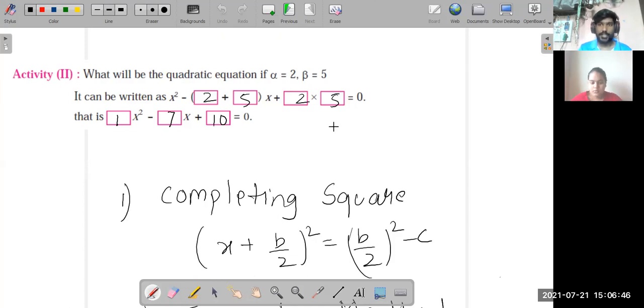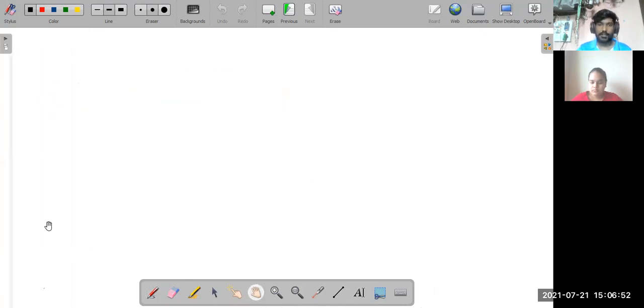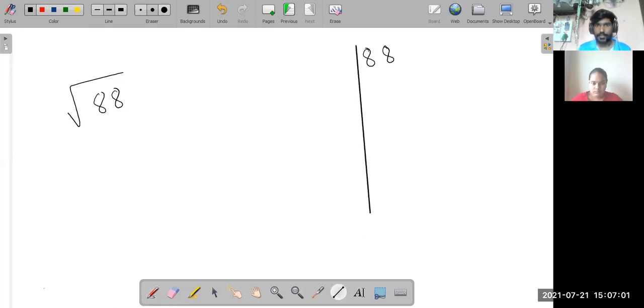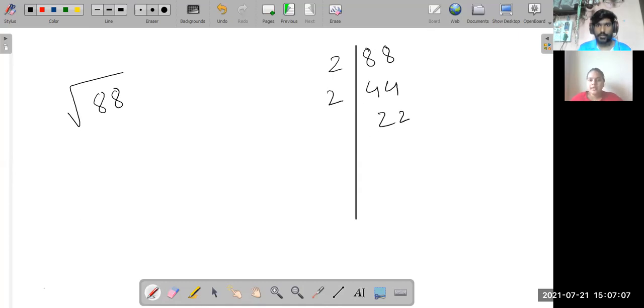So try reducing that. How will you reduce it? Under root 88 it is, right? So find out the prime factors of 88. So this will be 2 into 44, 2 into 22, 2 into 11, and lastly 11 into 1.